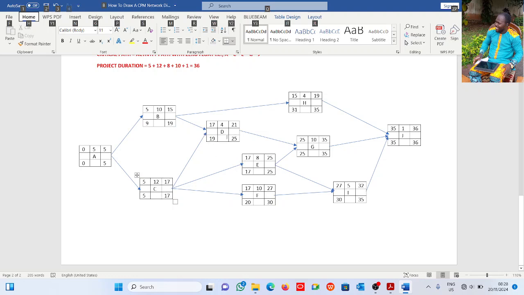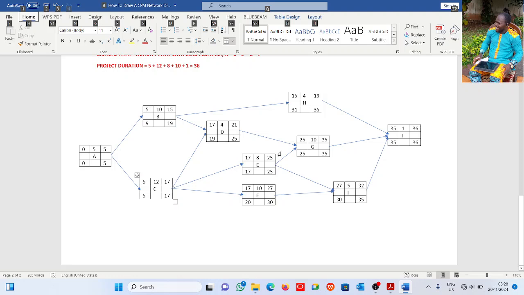Now for activity D here, activity D has G as a dependent. Now we're going backward. In the forward pass, G had D as a predecessor. Now we are doing the backward pass, so D has G as a successor and not the other way around.